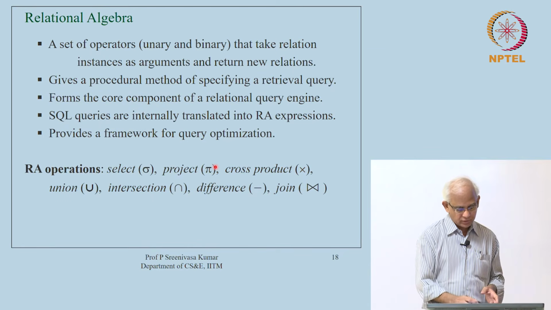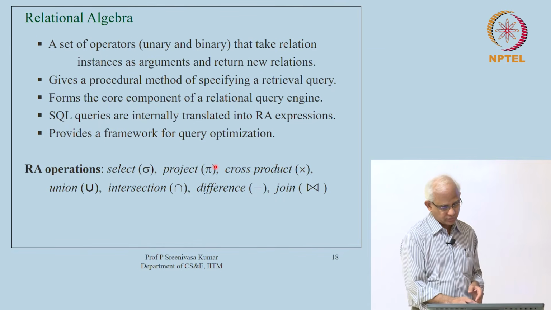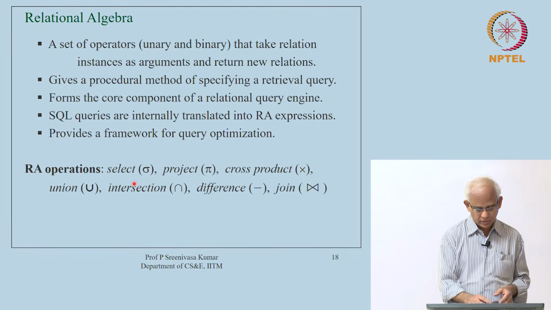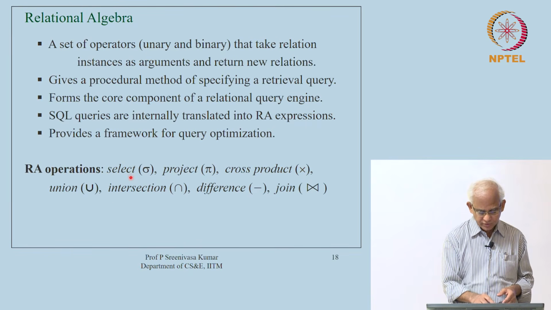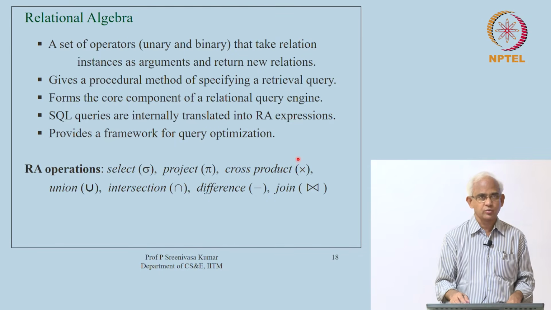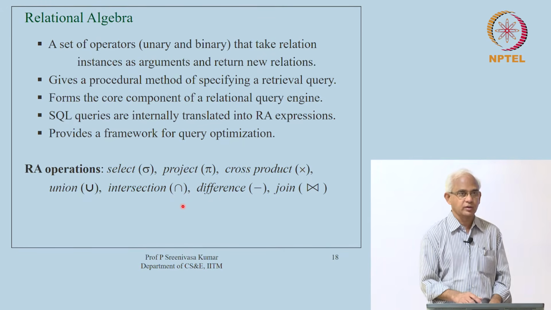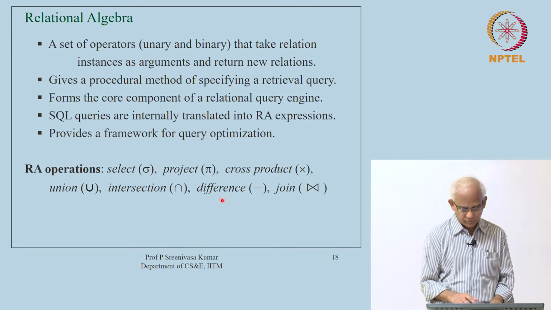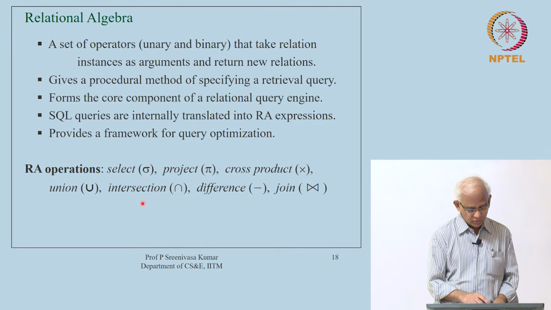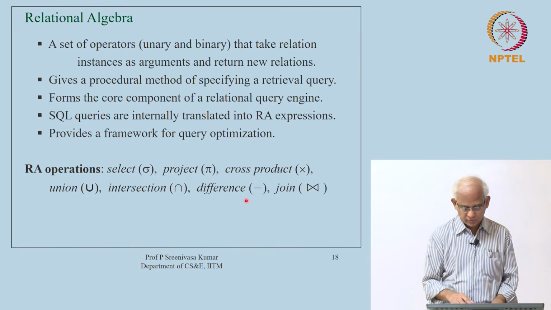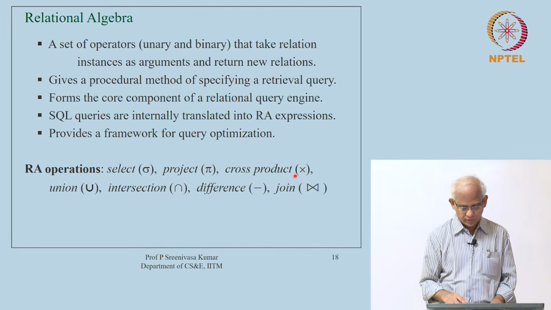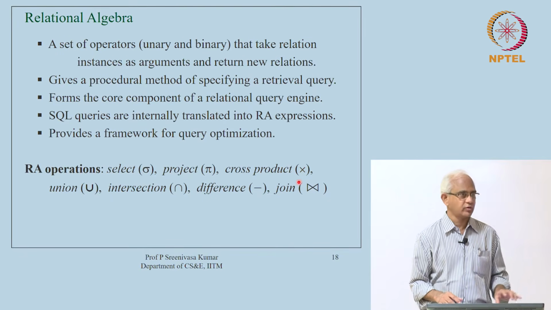So, that is the power of this particular system, the algebra. So, we have select, project, which are unary operators, and a cross product operation, the union, intersection, difference, and you can also see that actually not all of them are really required. You can express some of them in terms of the others. So, let us say union, intersection and difference, and then the join operator. We will later discuss what is the minimal set of operators and things like that.